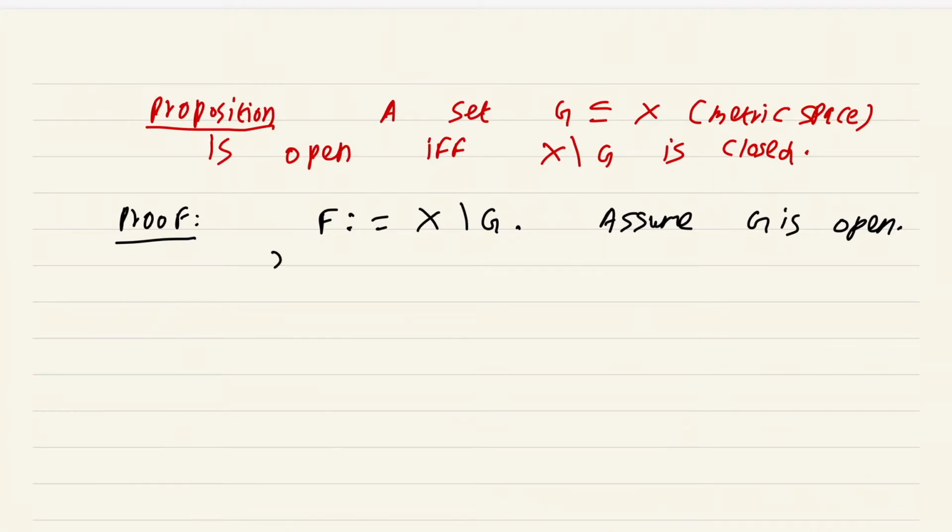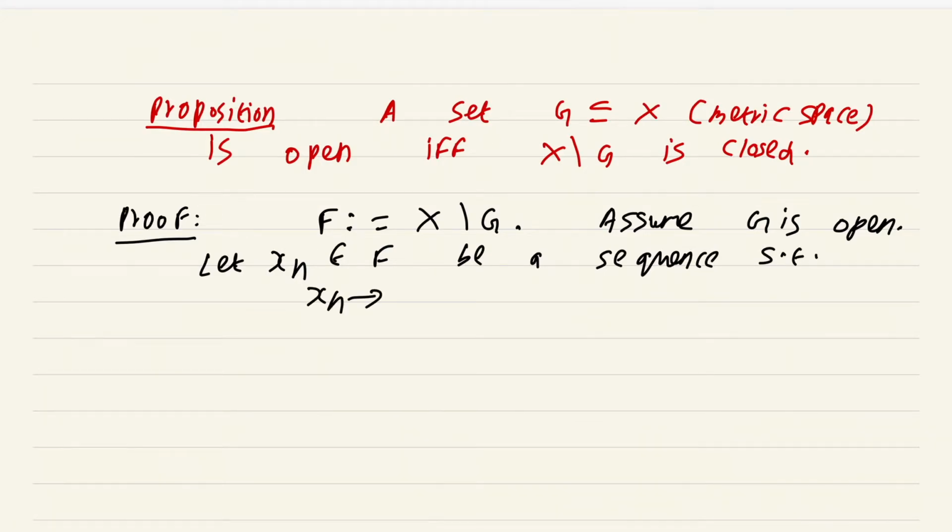So let x_n in F be a sequence such that x_n converges to x. We have to show that x is also an element of F.